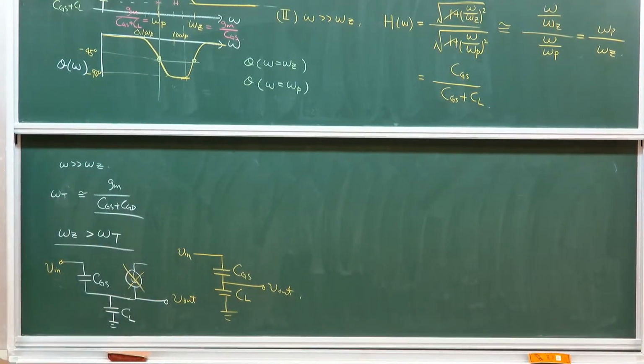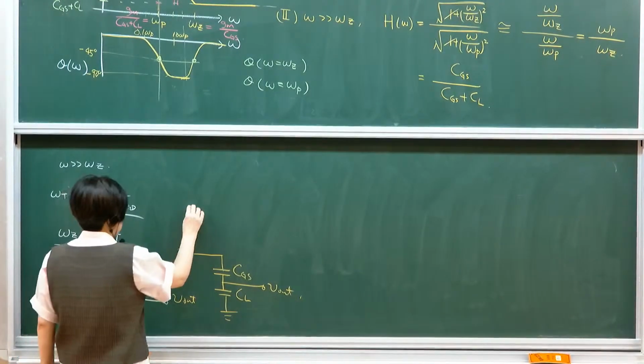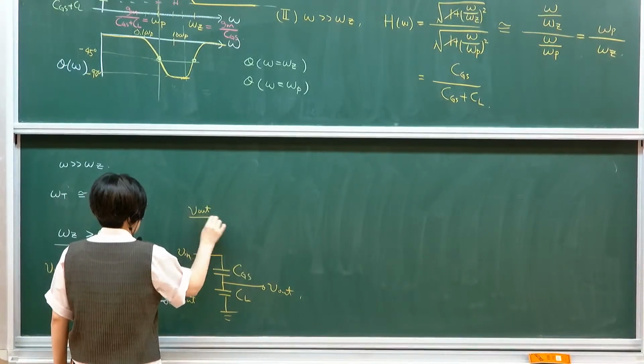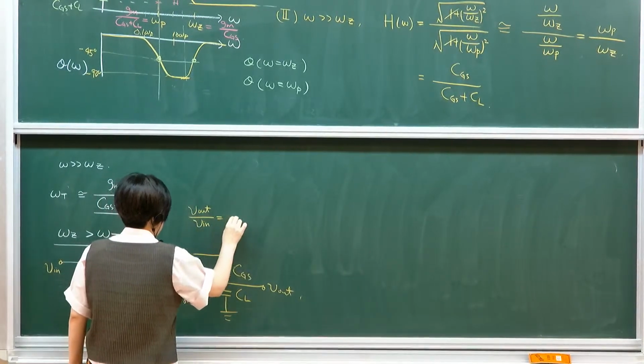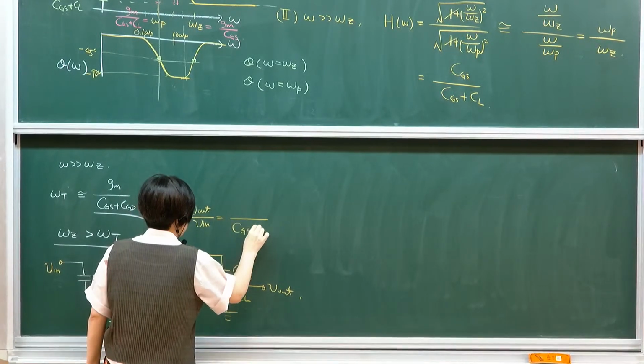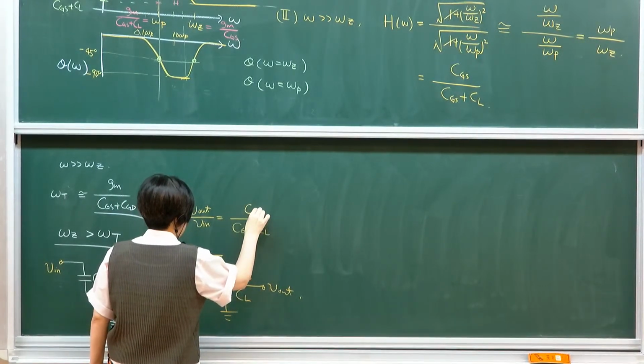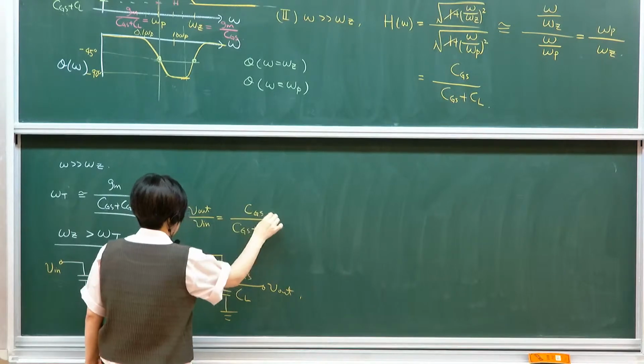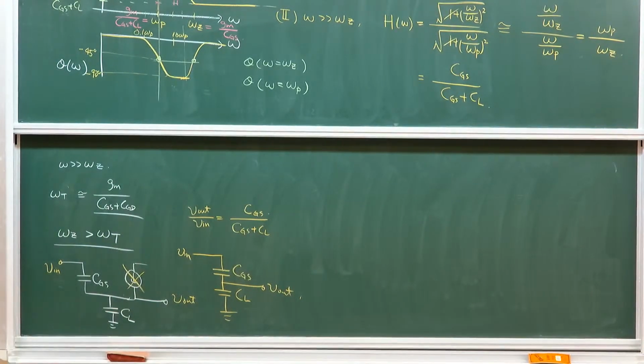The gain of this particular circuit will then be CGS over CGS plus C load. You just say voltage divider by capacitance.